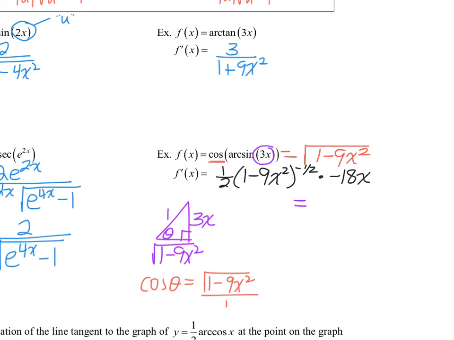All right, and if you were to clean that up, it'd become negative 9x over the square root of 1 minus 9x squared. If you apply the chain rule using your inverse trig functions, it still works out. So it's kind of cool.